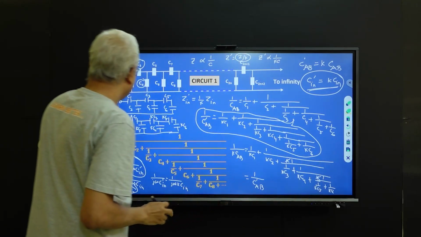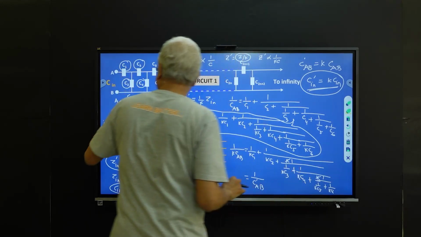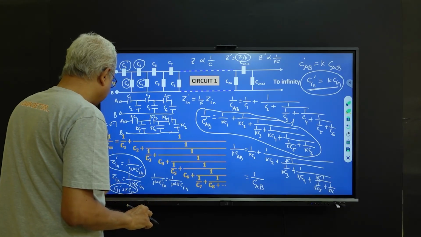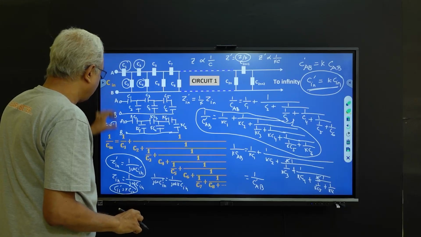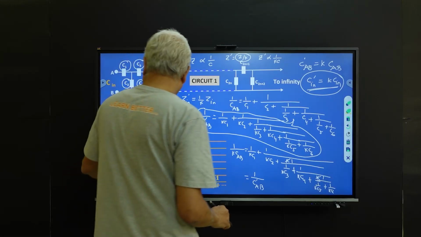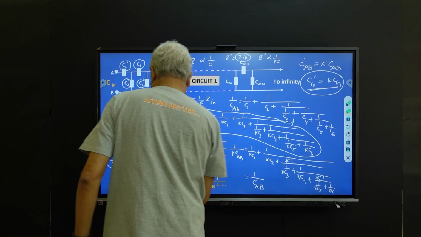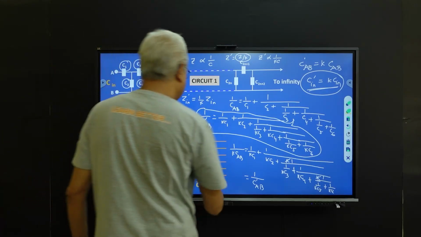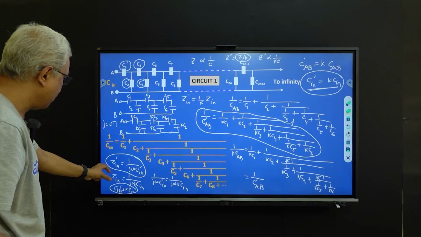Without doing calculation, if we apply the principle that if all impedances of the circuit are multiplied by K, then the equivalent impedance of the new circuit will be K times that. And since each impedance component is 1 by K times that of the original circuit, we could find that C in dash is equal to K times C. Why is it so?